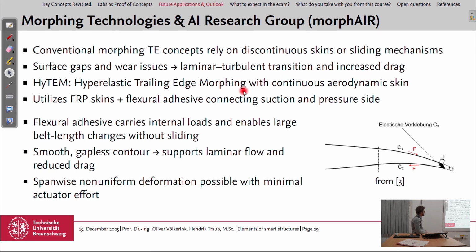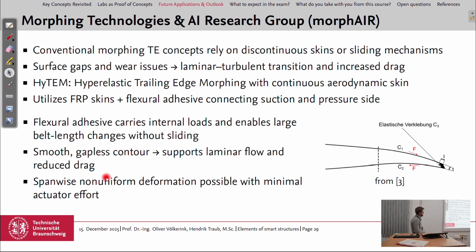In this case, they used a hyperelastic trailing edge concept for morphing, where, if we look at the cross section, we have CFRP, fiber reinforced plastic skins, and at the end a flexural adhesive connecting the upper and the lower wing cover, so the suction and the pressure side. Then they used conventional actuators, like from mechatronics, to get forces on the skins, and with that the whole trailing edge could deform.